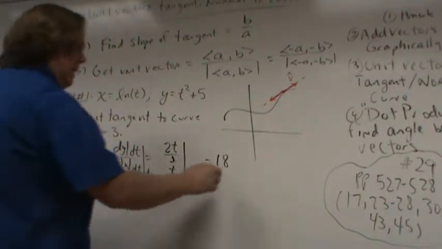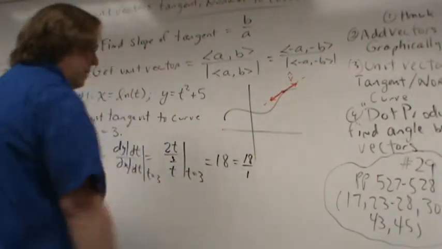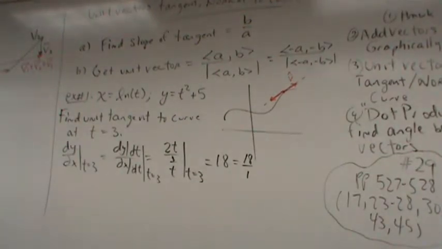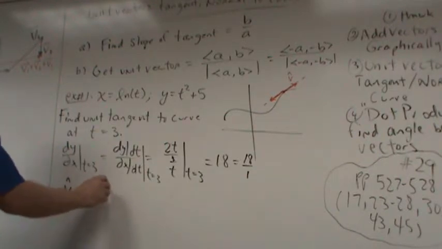Which is the same as 18 over 1. So I've got a slope that's a rise of 18 and a run of 1, so I want to get the unit tangent, the unit vector. That unit vector is going to be 1 comma 18.